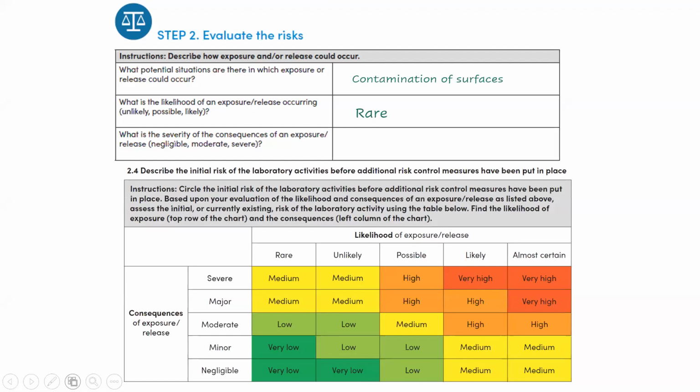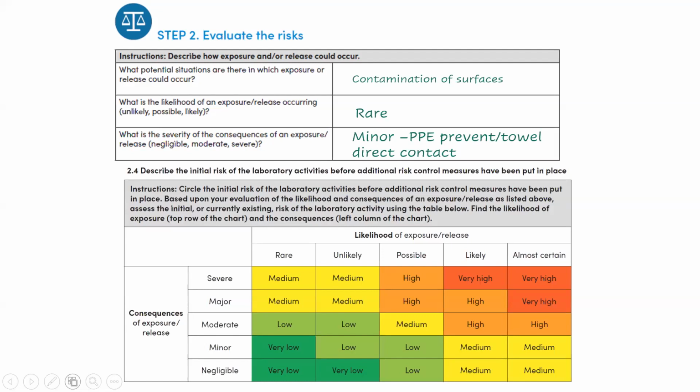What is the likelihood of exposure or release occurring? Pretty rare. This is very straightforward and very little handling is required. Severity of the consequences: minor. And this is because full PPE is being worn. There's no biosafety level involved. It's a test that can be done pretty much anywhere. And so they're wearing all the protective equipment they can. There's really no way to further reduce the risk much.